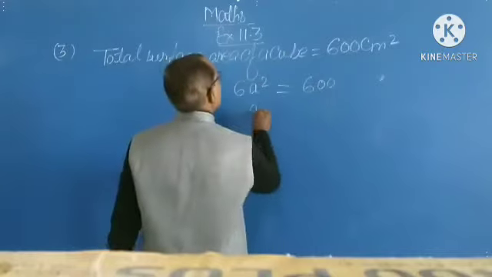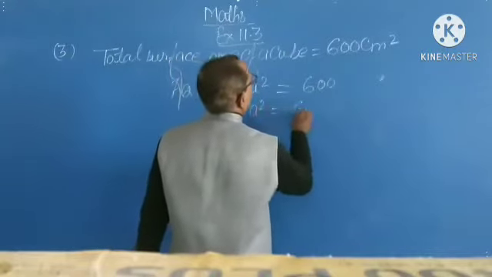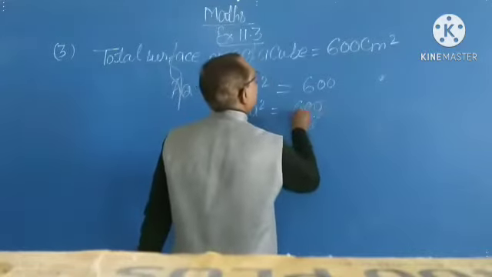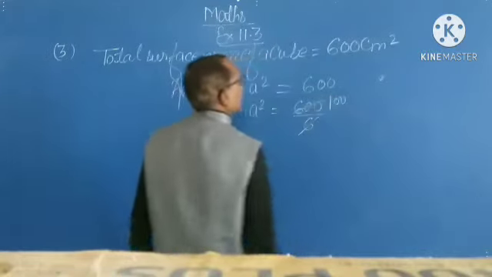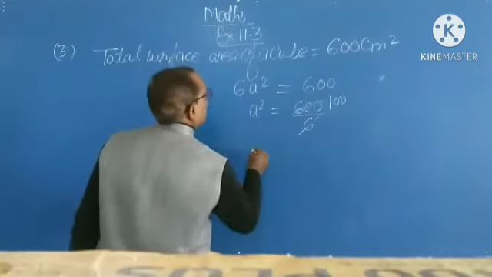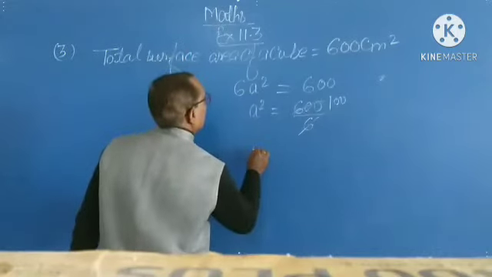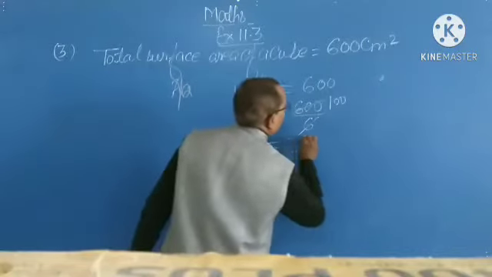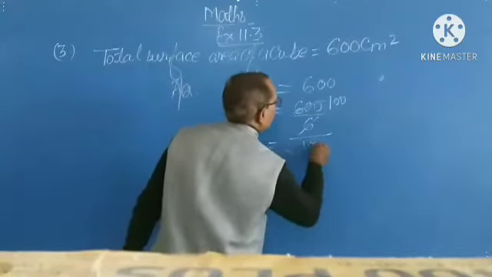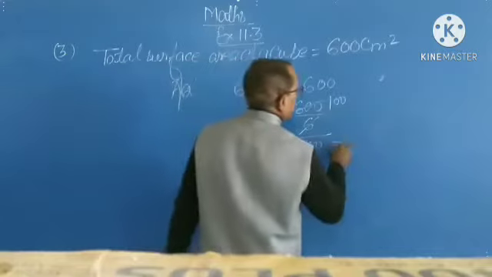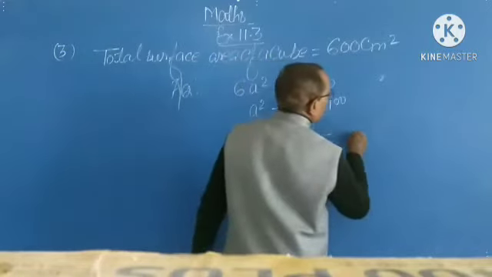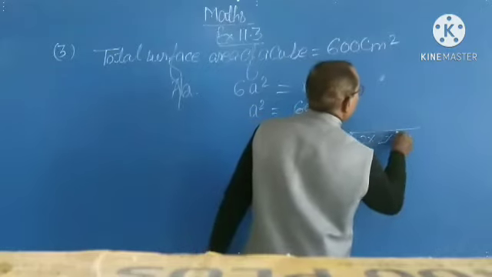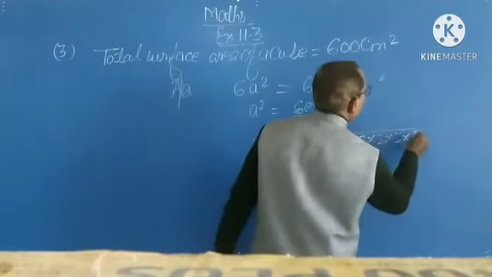600, means a square is equal to 600 upon 6, that is 100, and when you find out the value of a, this means you find out the square root of 100. You get by factorization 2 into 2 into 5 into 5.